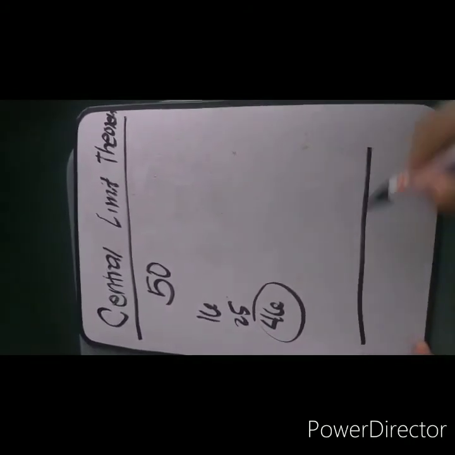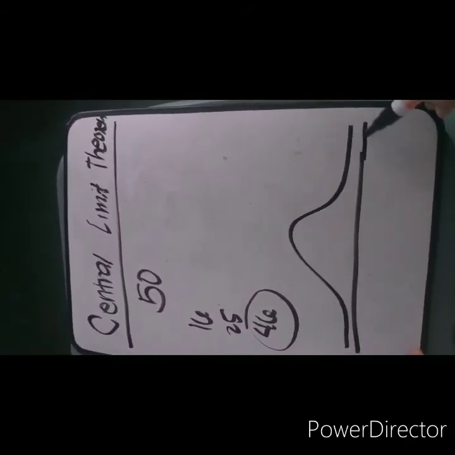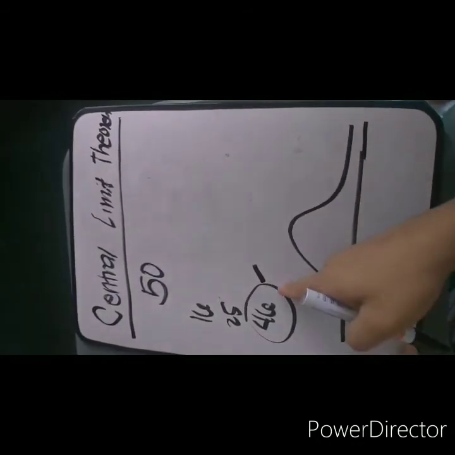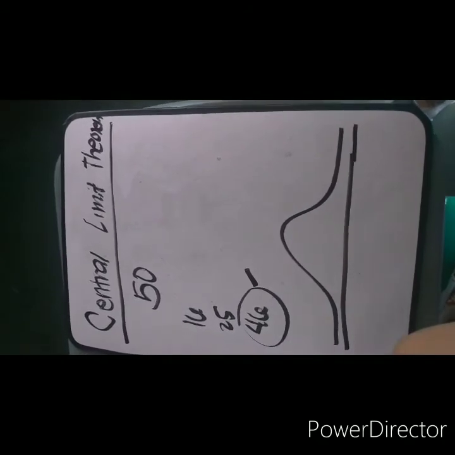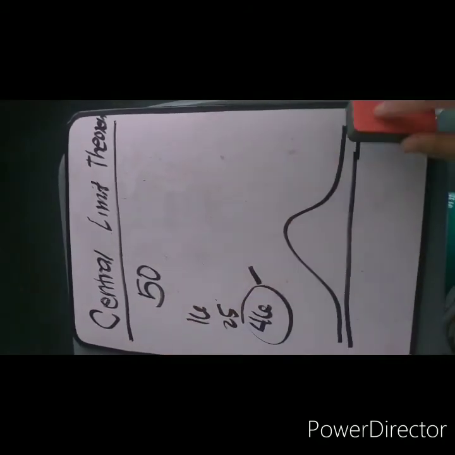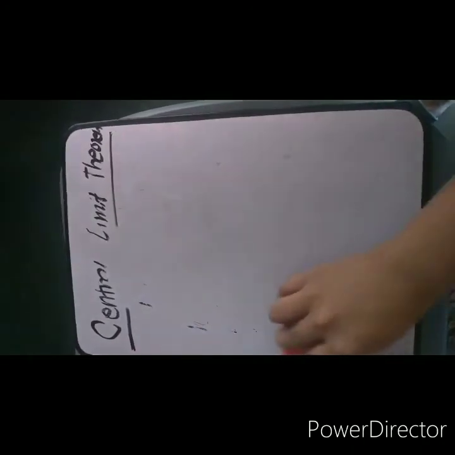So kung ito yung normal curve nyo, so yan. The higher your sample size, mas nag-approach kayo sa normal curve. So that is the central limit theorem. Okay? Now, let's have an example.